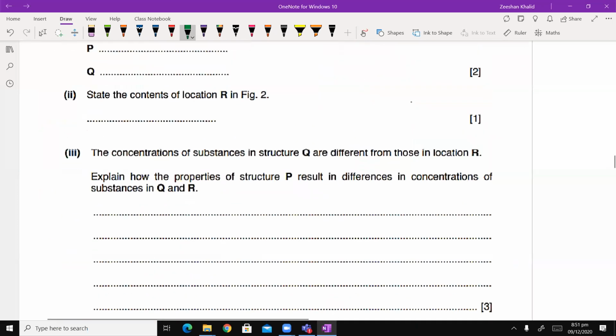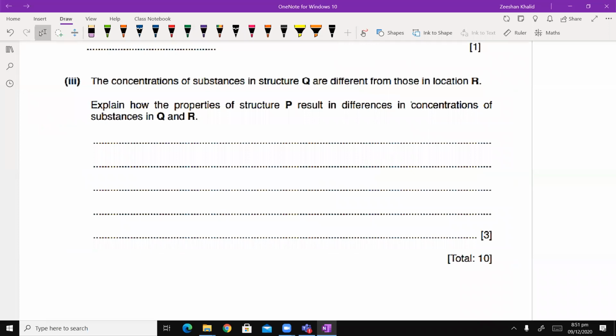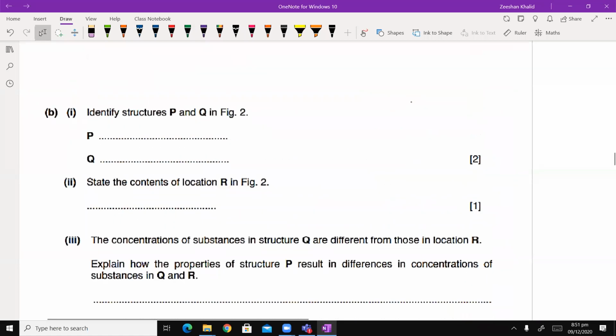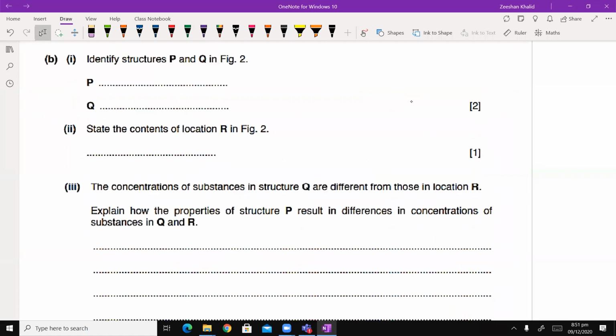Anyhow, now it says the concentrations of substances in structure Q. What was structure Q? Q cytoplasm था. हम लिख लेते हैं. Cytoplasm are different from those in R. R जो है यहाँ पे अब concentrated salt solution है.